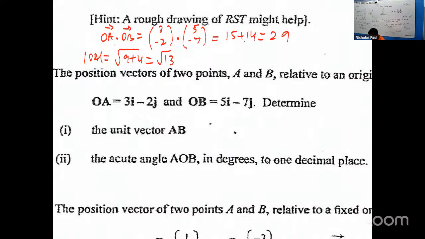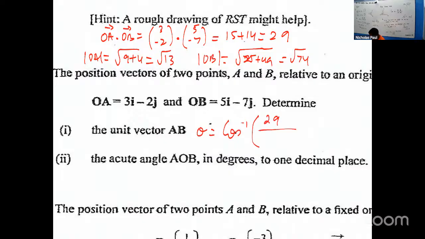Magnitude of OB, square root of 25 plus 49, which is 74. Right, so now theta will be cos inverse of the dot product, which is 29 over the square root of 13 by the square root of 74.